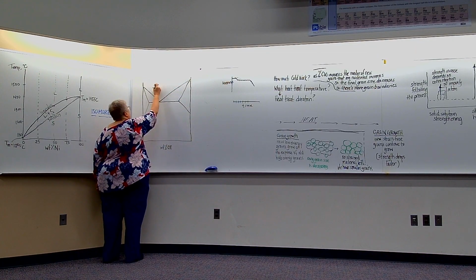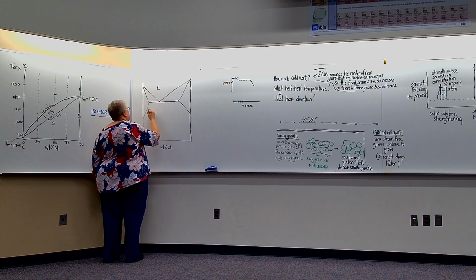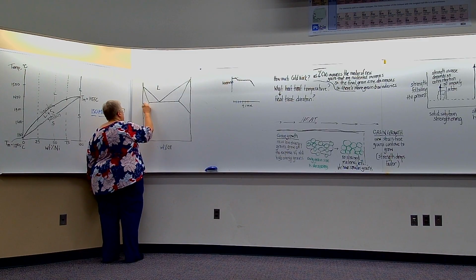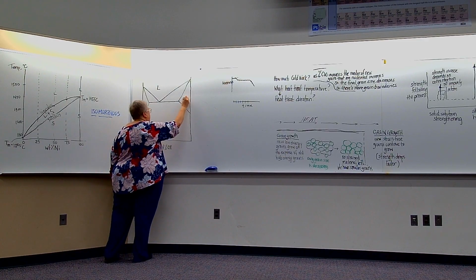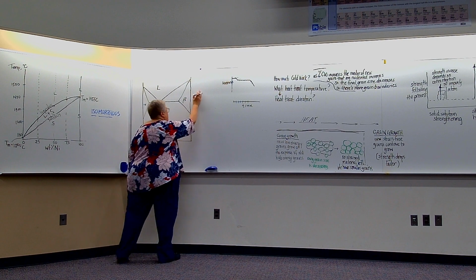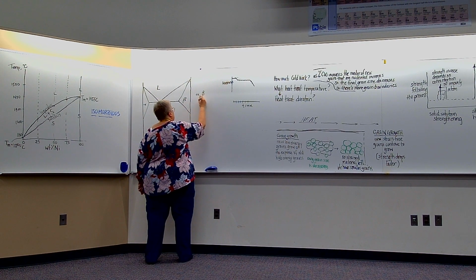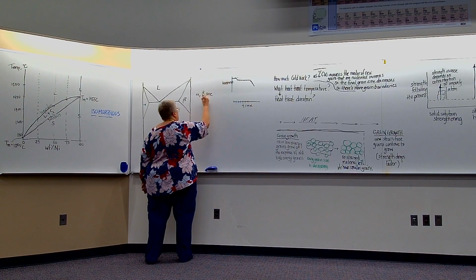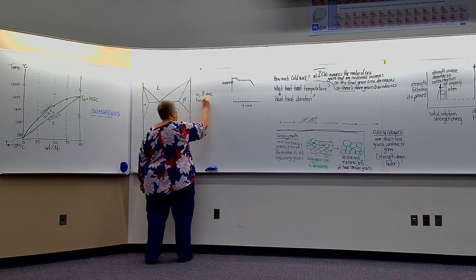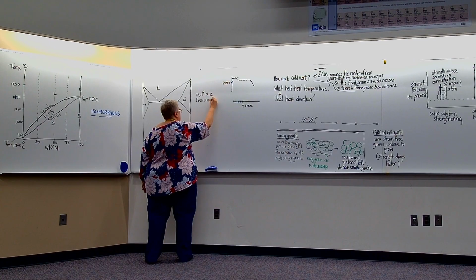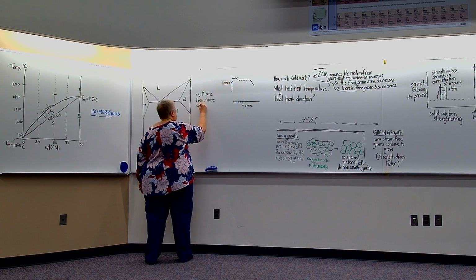So in this phase diagram, this is liquid, this is solid 1 alpha and solid 2 beta. So alpha and beta are two unique solid phases.